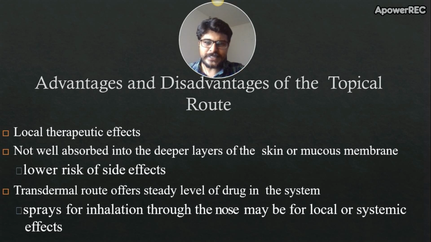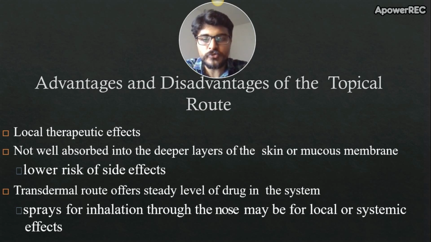The advantages and disadvantages of the topical route are: it has local therapeutic effects. It will produce a local effect whenever there is a local injury, so it is the most advantageous route for that. It is not well absorbed into the deeper layers of the skin or mucous membrane, and as it is applied on the surface, it is not absorbed into the deeper tissues.